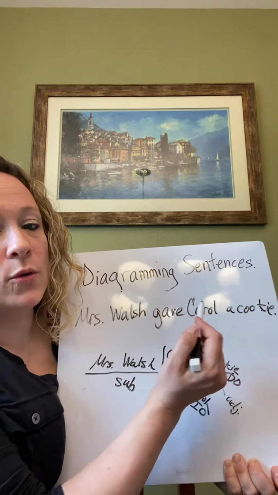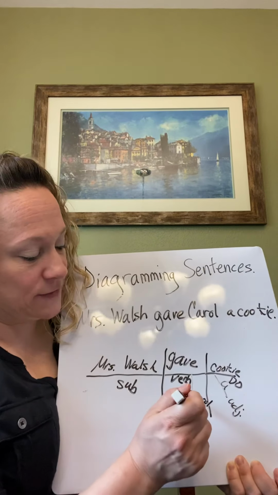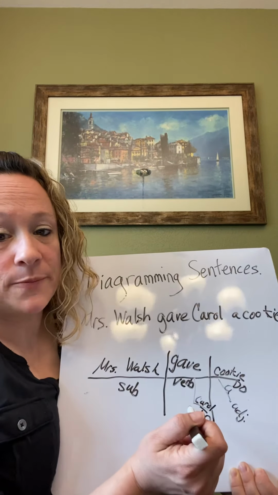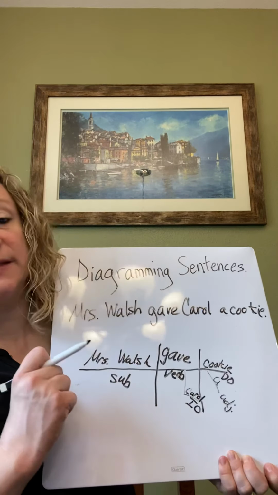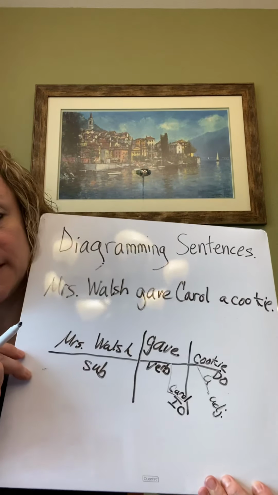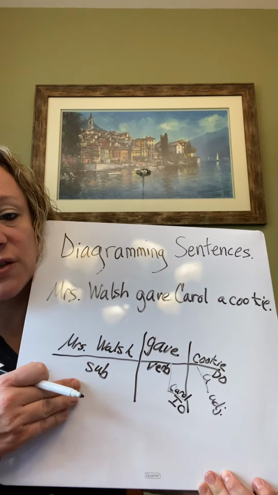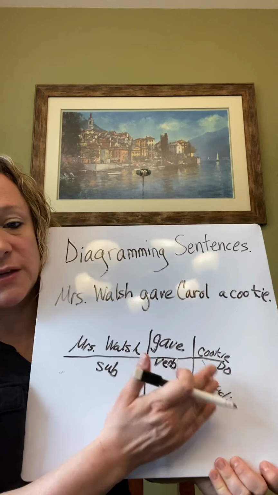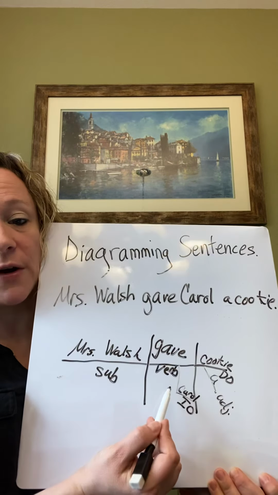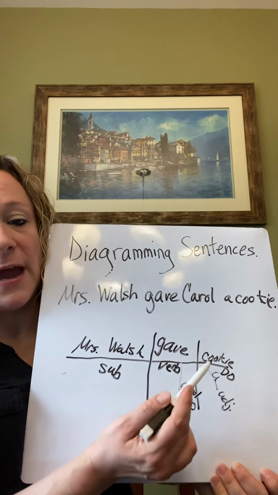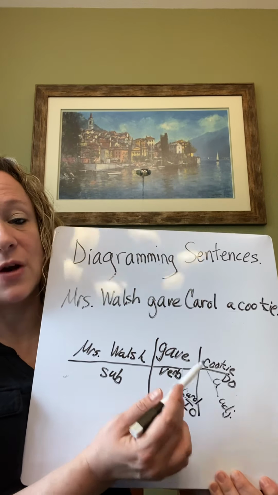Okay, there's no word before Carol, so you don't have to add an adjective there. So this would be a complete diagrammed sentence for this one. So Mrs. Walsh, subject, gave is your verb, cookie is your direct object. Off of verb, your indirect object is Carol, and then a is an adjective describing cookie. All right, so that's your second example.